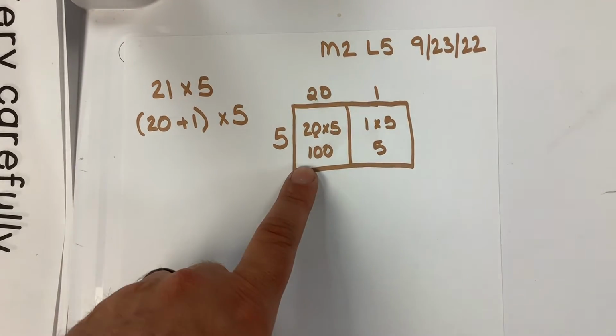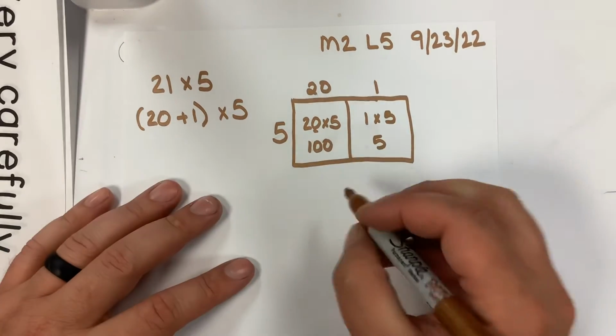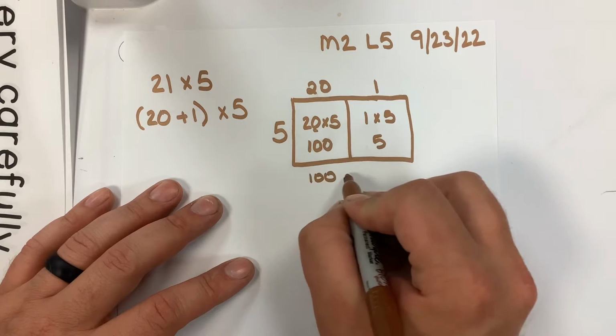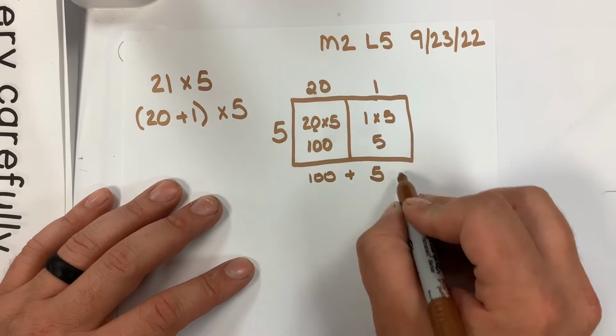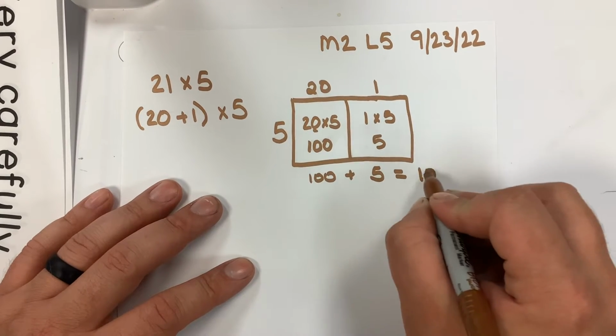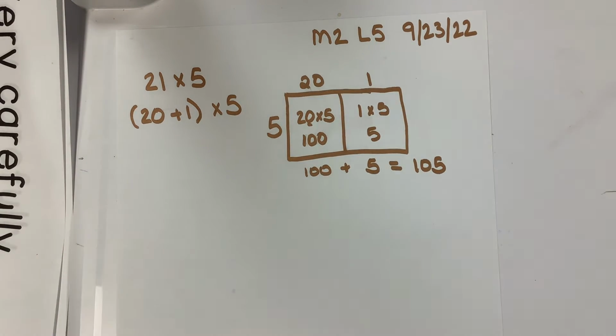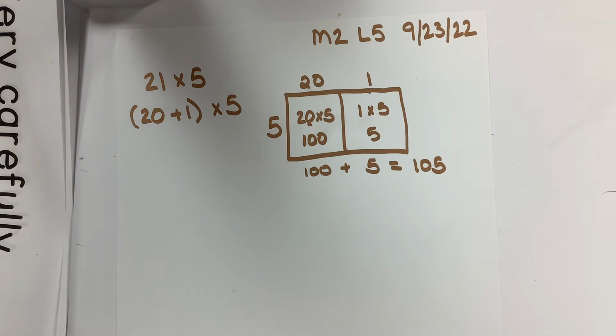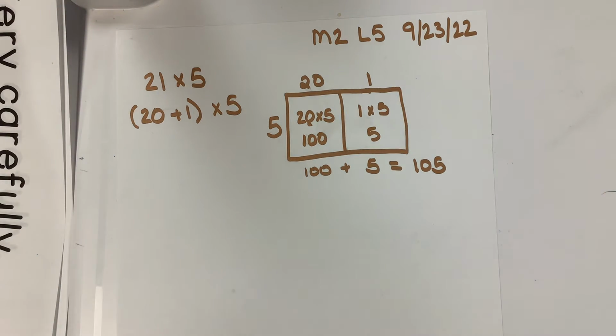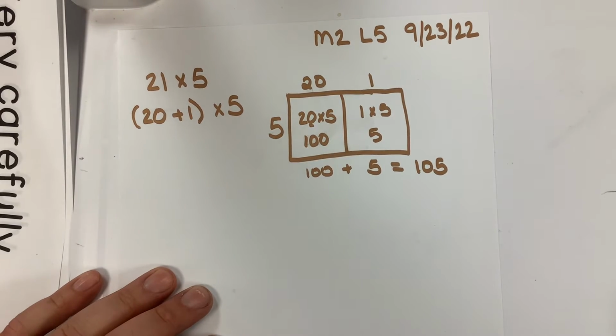So now I have 100 and I have 5. Outside of the box, we are going to add these together to get an answer of 105. So that is it as a partial product.